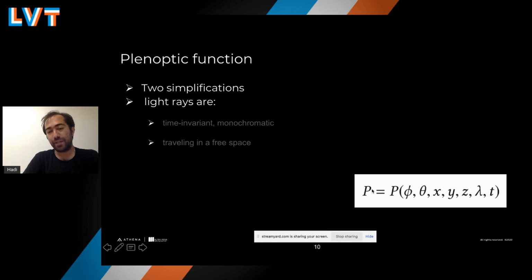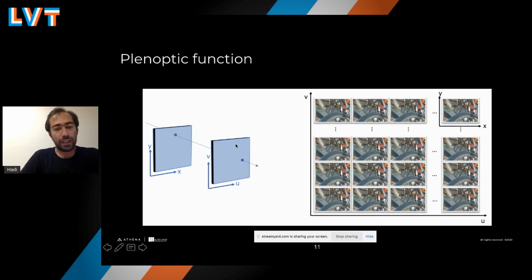Therefore, our 7-dimensional function will be simplified to a 4D function. 2 planes are used to model this 4D function. They are recording all the light rays that are traveling between these two planes, and the output would be multi-view images, as you can see here.